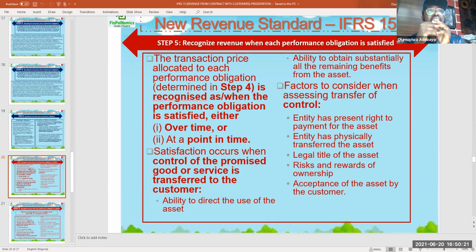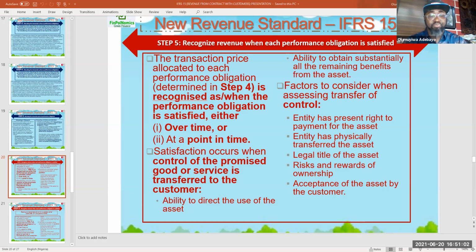And finally, if there's evidence of the acceptance of the good or asset by the customer, probably in writing by way of acceptance certificates, or impliedly by way of other means of communication, it also signifies that the promised good or service has been delivered by the entity. These are practical things that we need to take into consideration.